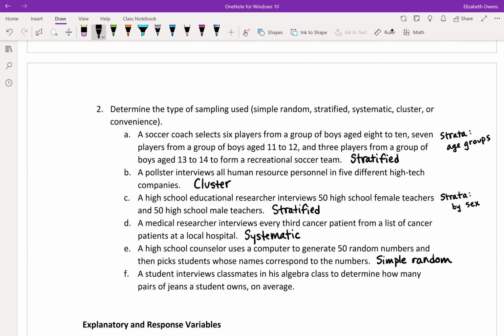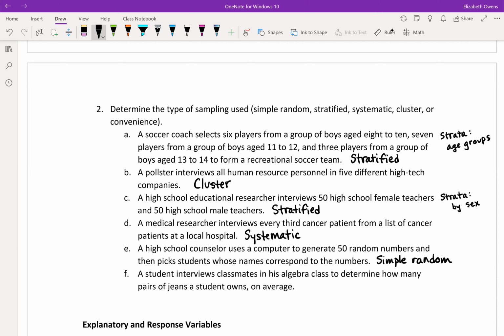All right. And then the last one, a student interviews classmates in his algebra class to determine how many pairs of jeans a student owns on average. Okay, so there's a group described, the algebra class, but that's not really leading us towards stratified or cluster sampling because there's no other groups.